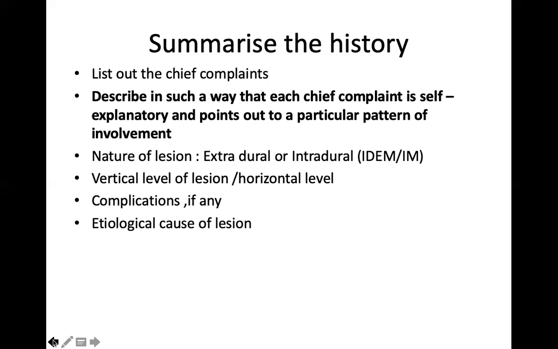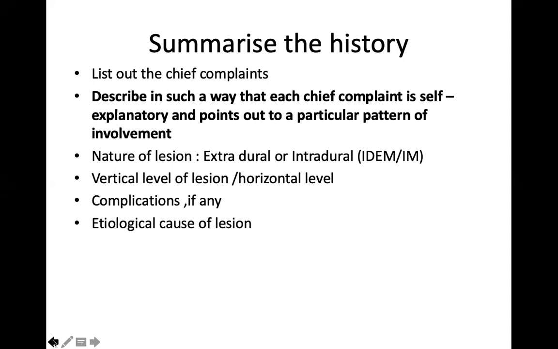Sort of like you should be explaining along with lower motor neuron sign at a particular level. Whatever has to be told in one para, and it should be a smooth flow. You can tell important negative history also. I'll tell you the para exactly how it can be done.